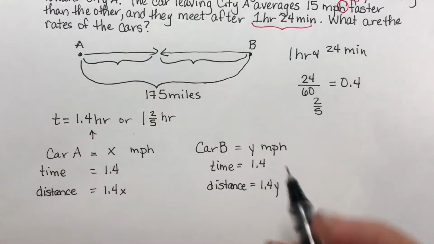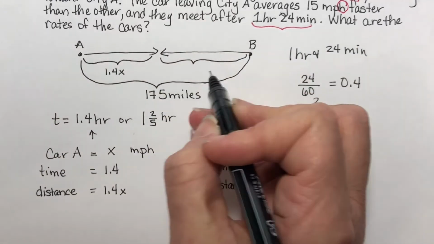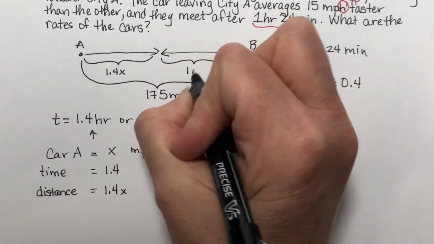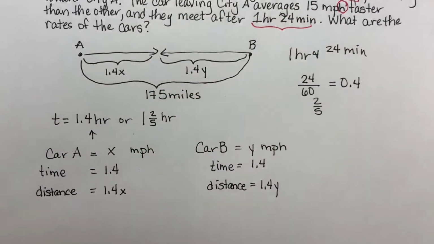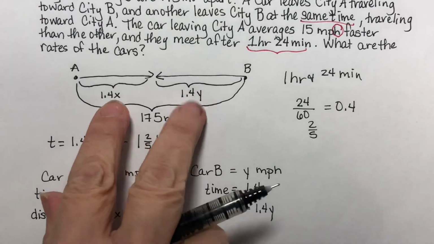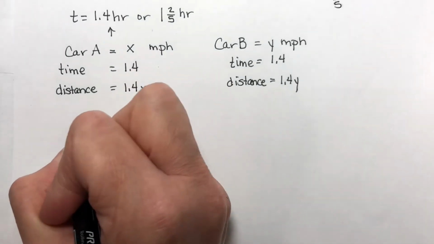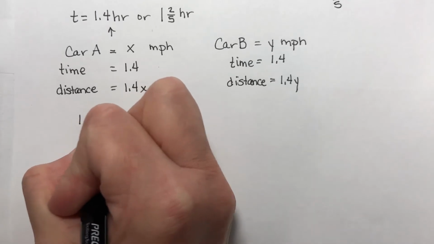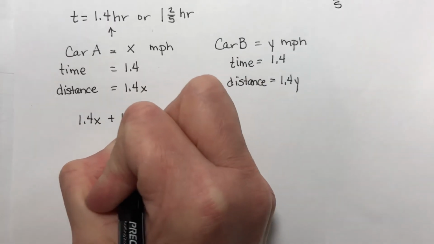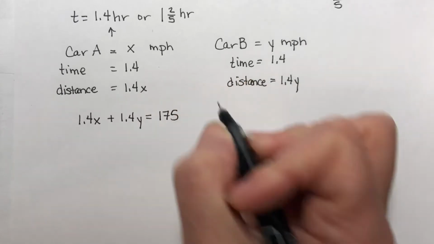So this distance right here is 1.4x. This distance right here is 1.4y. So the total distance traveled, if I add these two things together, I get 175. That's going to be my first equation: 1.4x plus 1.4y is going to equal 175.